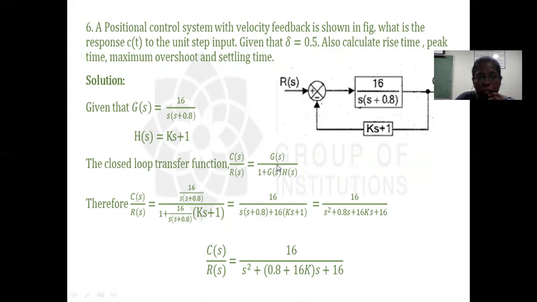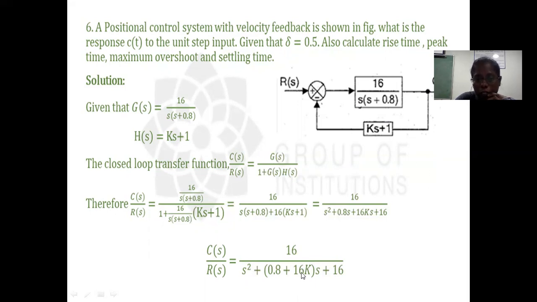Substituting G of S and H of S and simplifying, we get the transfer function as 16 by S square plus 0.8S plus 16Ks plus 16. This is the closed loop transfer function for the given system.